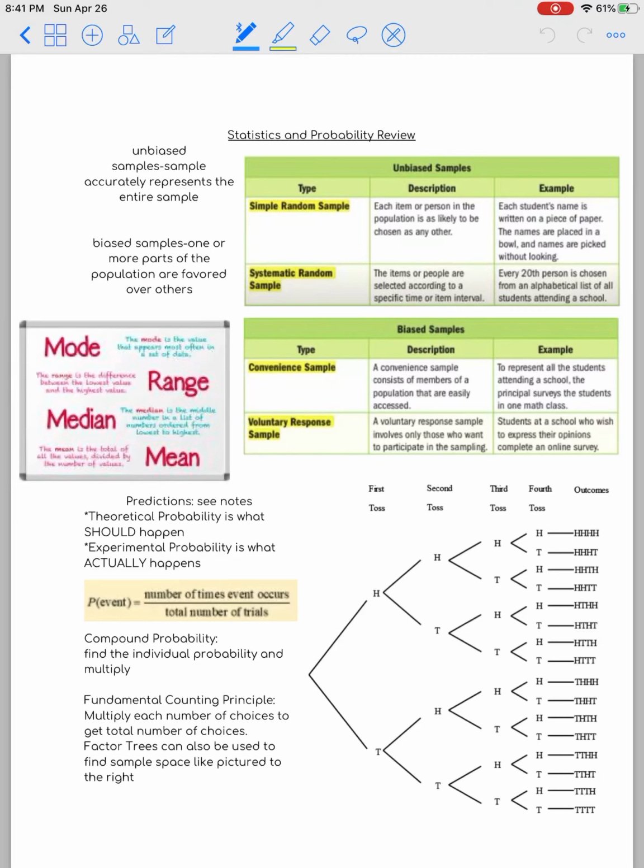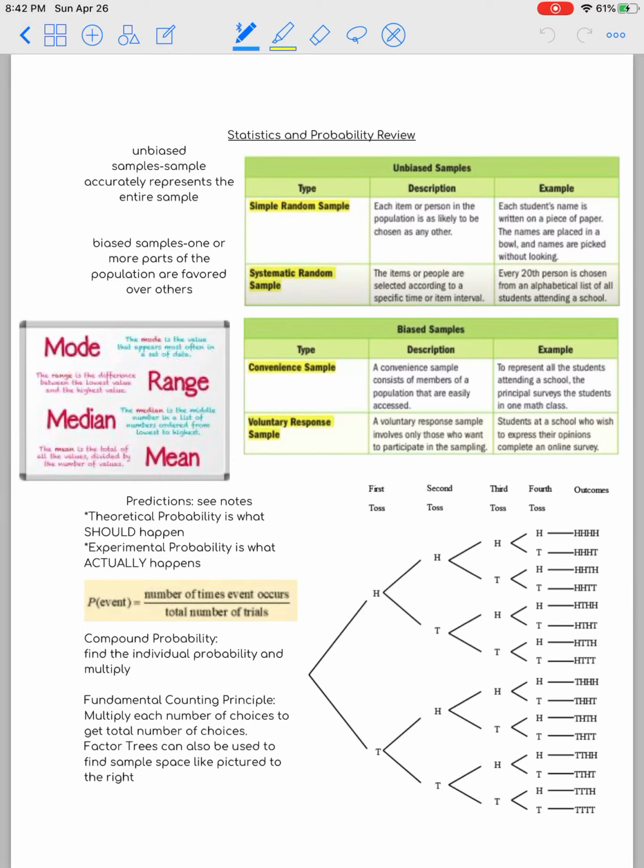Now, see, if you only surveyed one math class, well, how many math classes do you got? 7th grade alone has 6 classes a day of different classes. But that doesn't touch the 6th grade, the 8th grade, and everybody else. So see, that doesn't really work. That does not show a good representation of the school population.